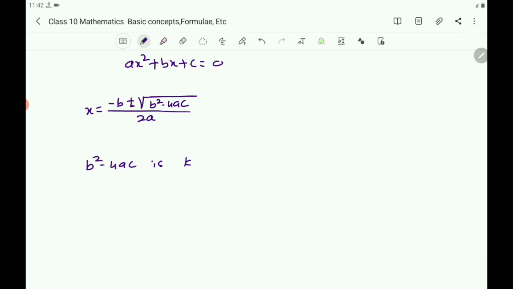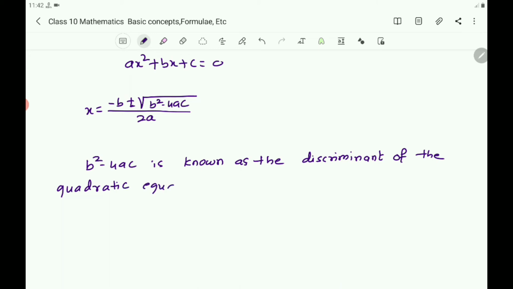So b square minus 4ac is known as the discriminant of the quadratic equation ax square plus bx plus c equals 0.